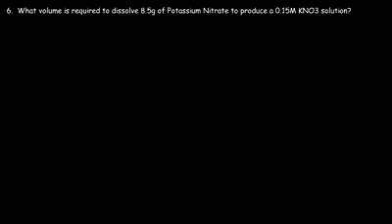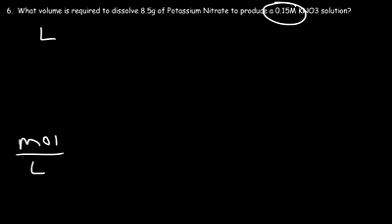So how should we begin? Now, if we want to get liters on top, that means molarity has to be on the bottom. We don't want to start with molarity because that's going to be moles per liter. However, we need to flip it at some point because we want this unit to be on top. Just keep that in mind.